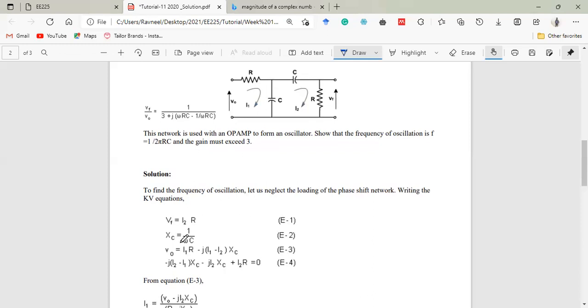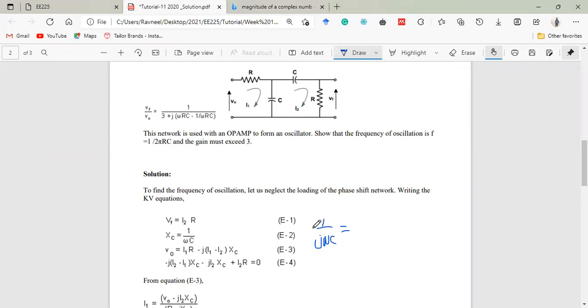Remember, there's a j. Let me erase this. Okay, so let's say the impedance of a capacitor is given by 1 upon j omega C. What happens if you consider 1 upon omega C to be equivalent to XC?